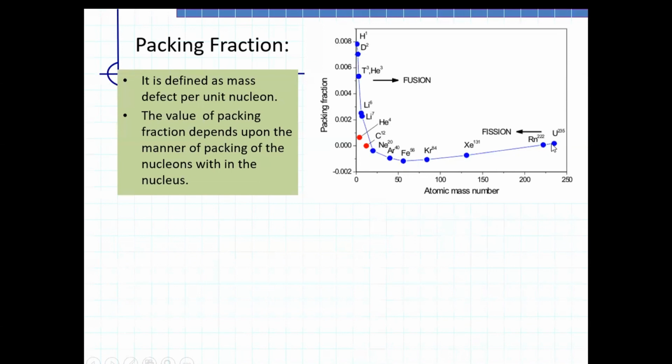So fission will create the smaller nuclei and will have a small packing fraction. And fusion will similarly create small values of the packing fraction, from high to low, and this will improve the stability.